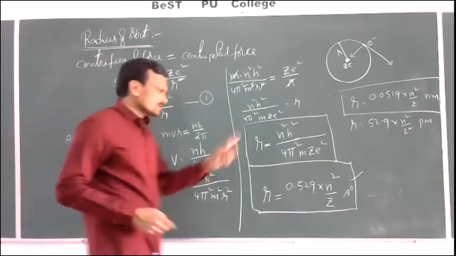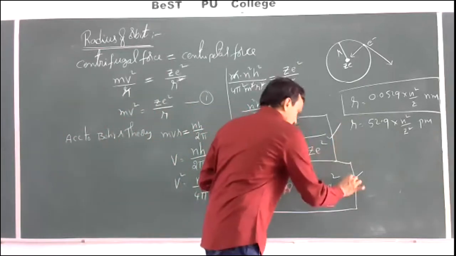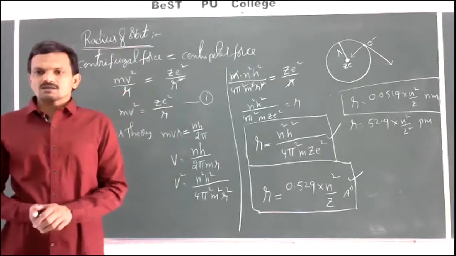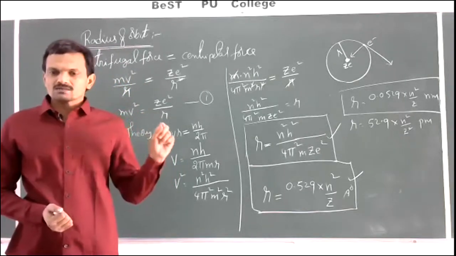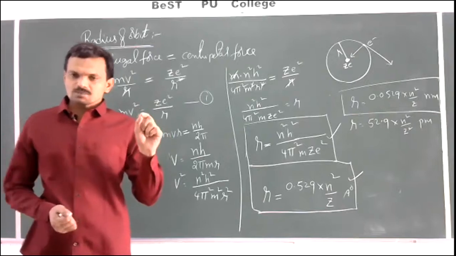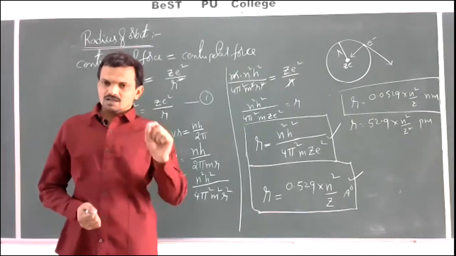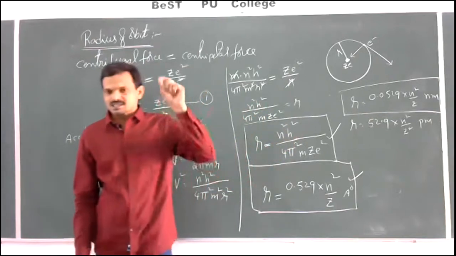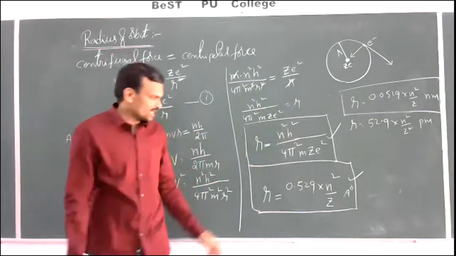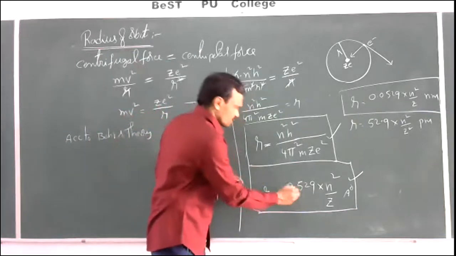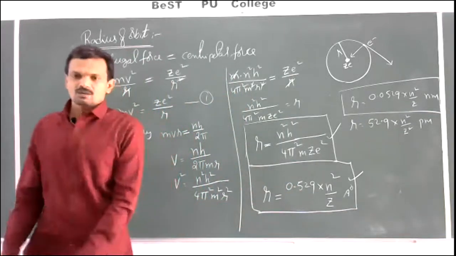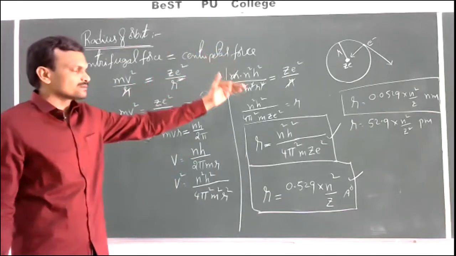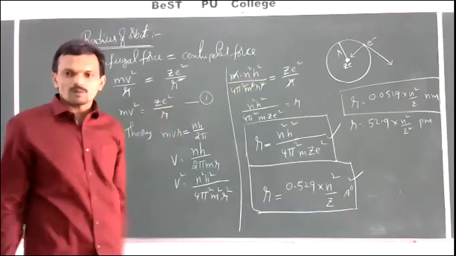What you should know is this formula and this value. R is equal to n square h square by 4 pi square mze square, that is the expression for the radius of the orbit. By substituting all values except n and Z, you get R is equal to 0.529 into n square by Z angstroms. The same we can also express in nanometers or picometers.